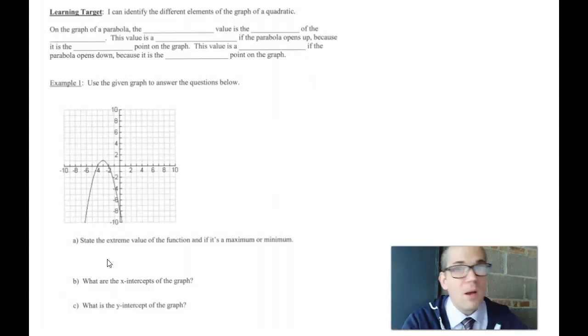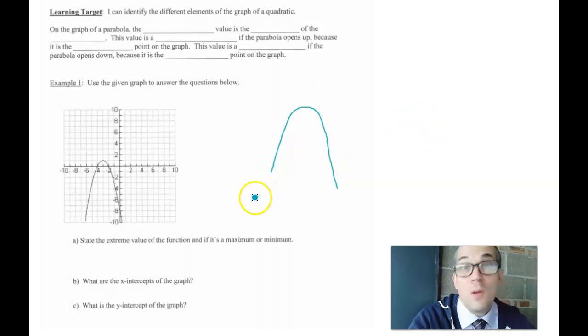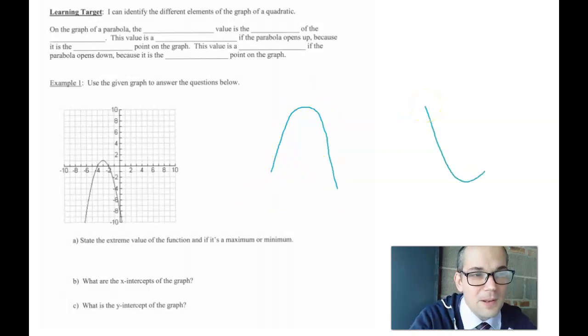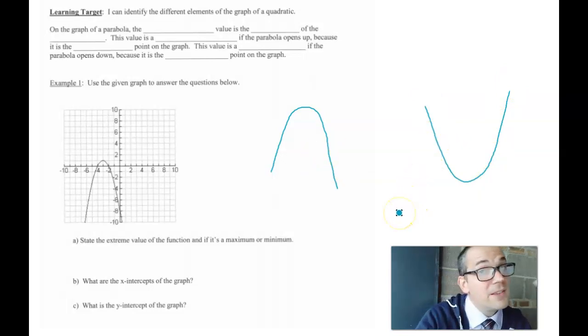So we're going to talk about what's the extreme value of a parabola. And this is where I want you guys to look at these curves, whether they open up or down. If the parabola opens up like a jump, if it opens down like a jump, or opens up like this, both of these guys have an extreme value. One of them has a maximum, and one of them has a minimum.